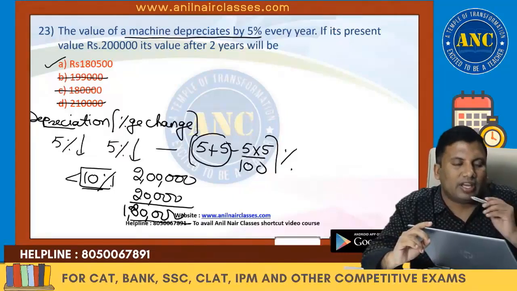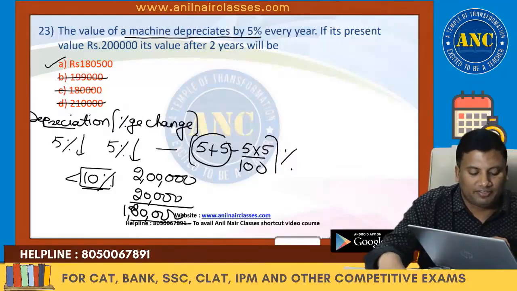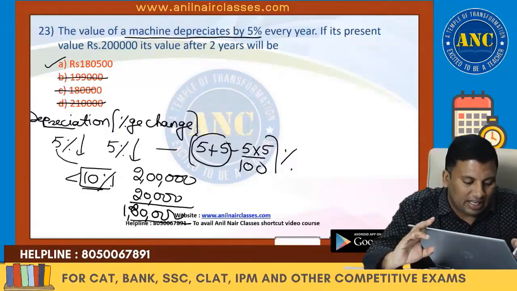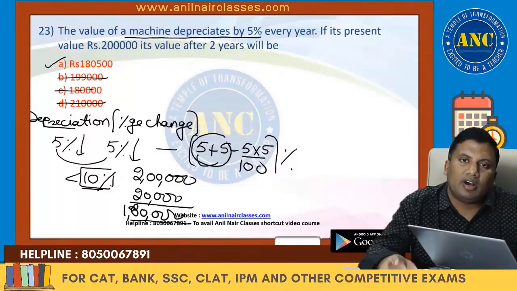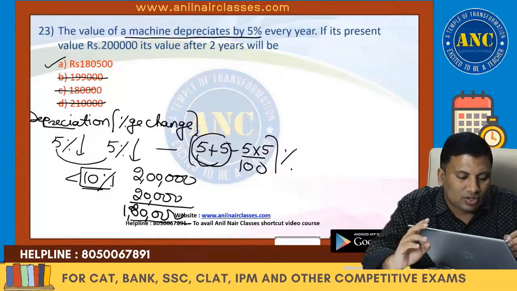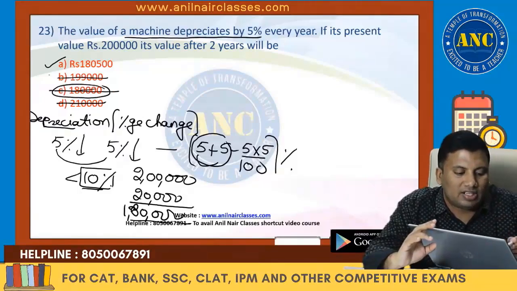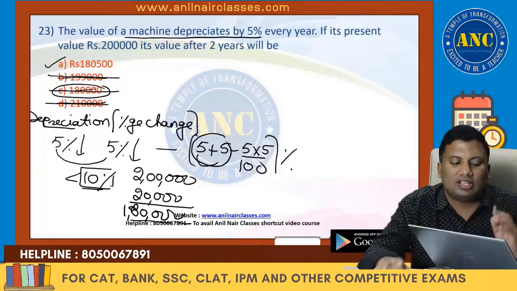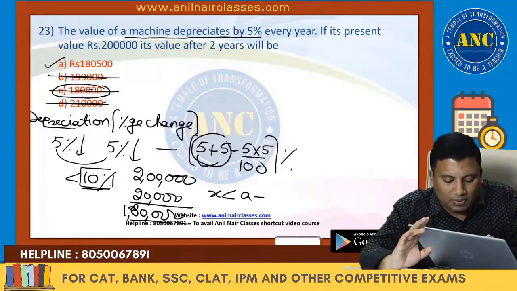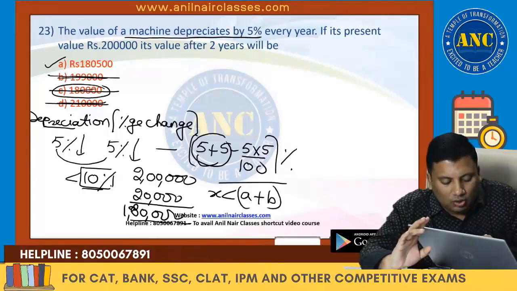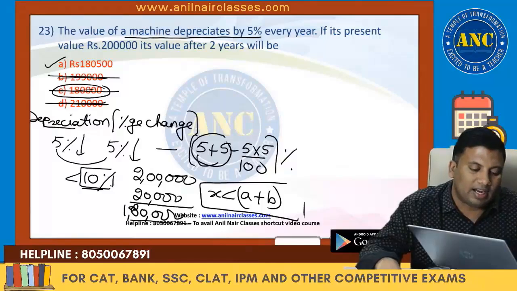So just by looking at the question, I am getting the answer as 1,80,500. Because if I take only A plus B, I am getting a 10%. 2 lakh 10% down is 1,80,000. So it is just closer to 1,80,000. This cannot be the answer, this cannot be the answer, and this cannot be the answer. So X is less than A plus B. You can use it to eliminate answer options. It cannot be 1,80,000, it cannot be 1,99,000.